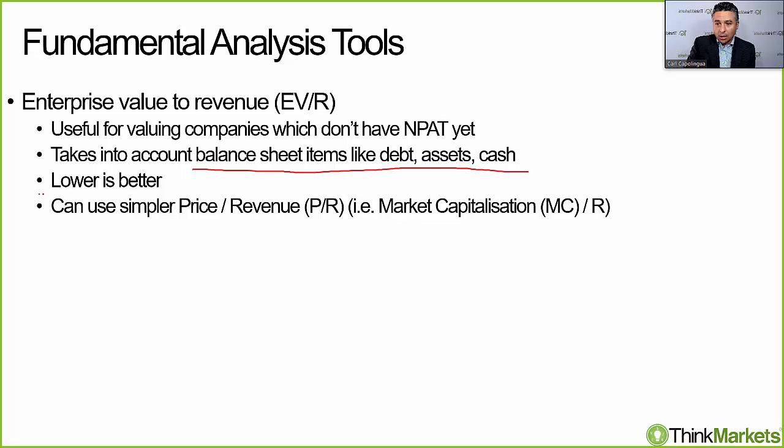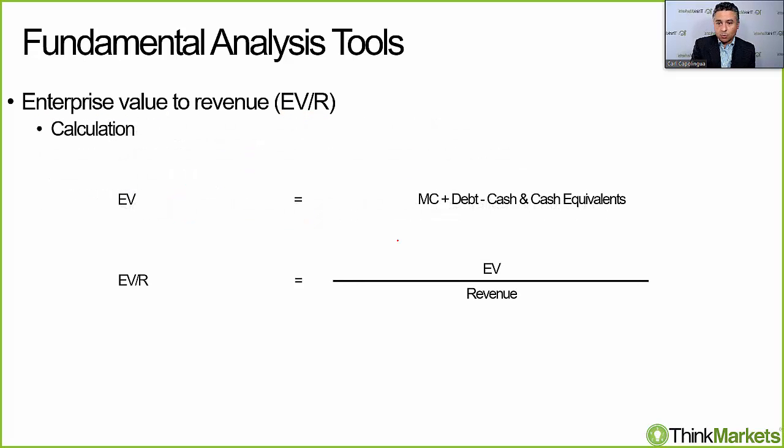Once again, we want lower is better. And if you don't want to work out the enterprise value, because there's a little bit of work in that, you can simply use the market price to revenue as well, and you'll get a pretty similar comparison. But I do like using EV to R. It is the industry standard for this type of analysis, and it is also handy that it includes the debt level and the cash balances as well.